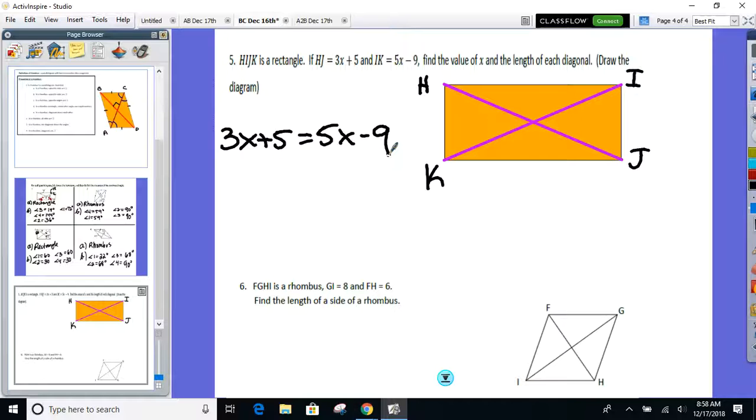Find x and then the length of each diagonal, which hopefully you come out with the same value since they are congruent.